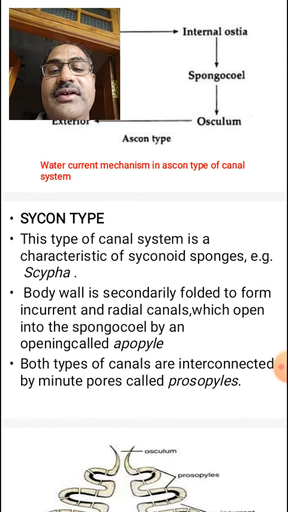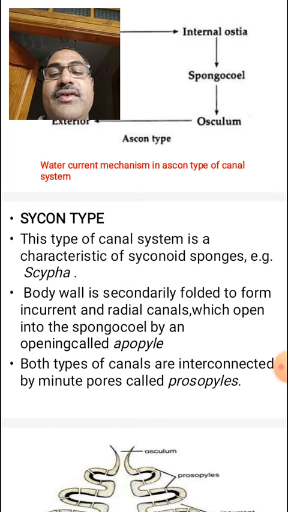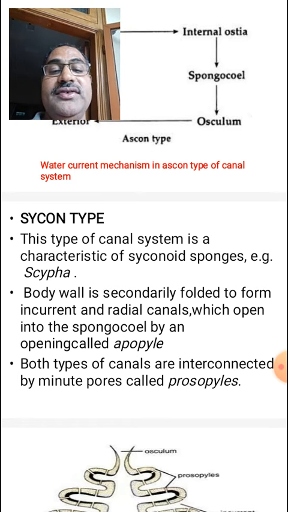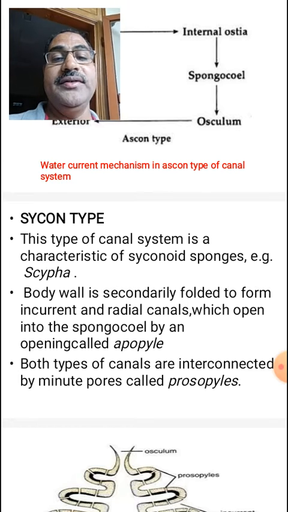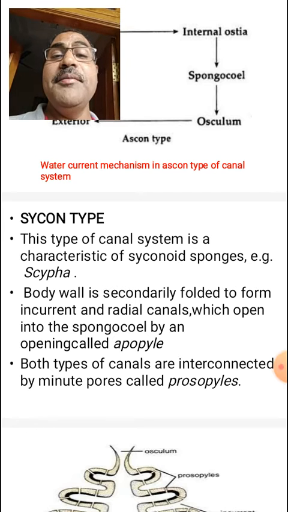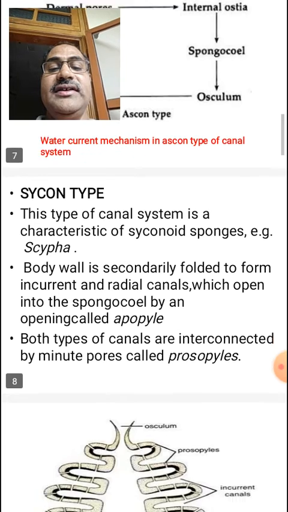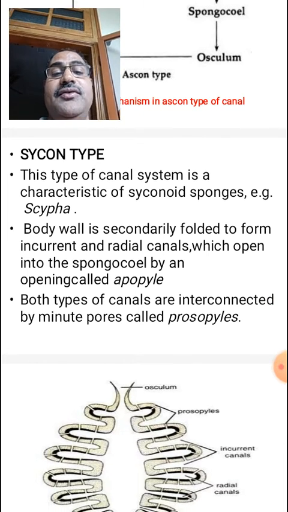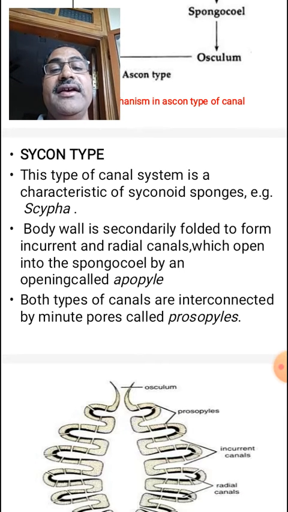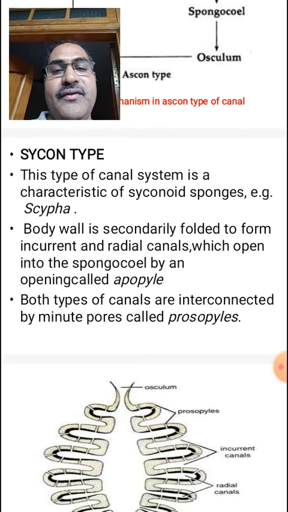So the body wall is secondarily folded in the form of incurrent and radial canals, which open into the spongocoel by the opening called apopyle. So there is some more complexity compared with the Ascon type.